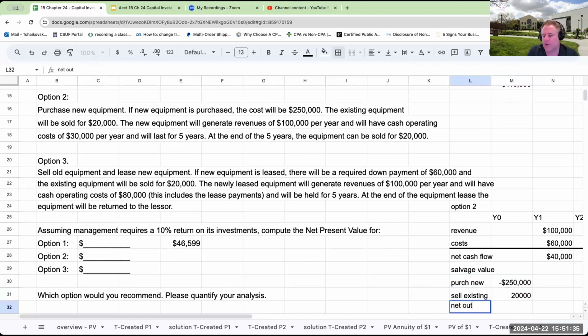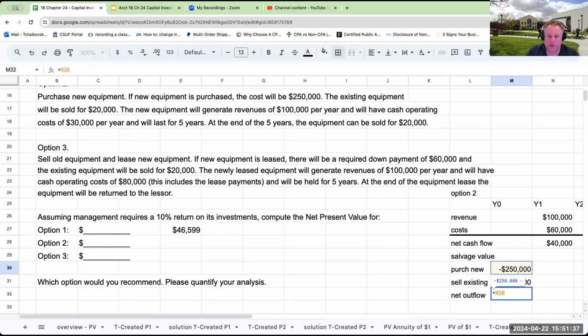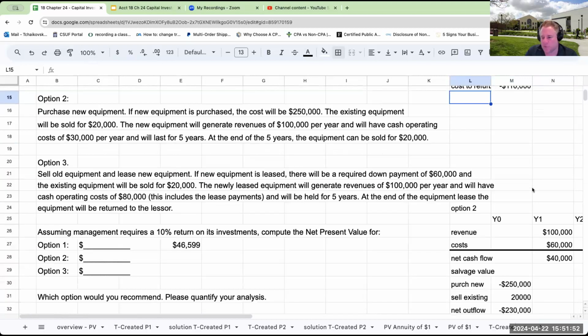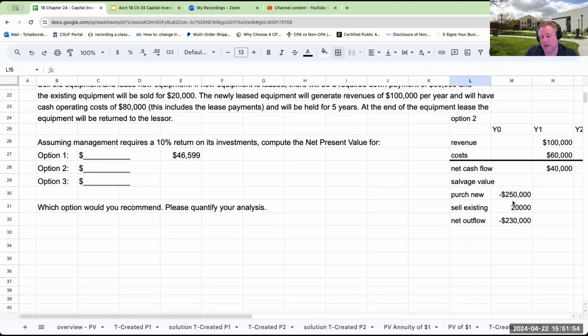So the net outflow in year 0 is going to be $230,000. Now, why is it this way? Why did we not get anything here? Well, in this case here, we were refurbishing it. Right, our cost to repair. Because if we're repairing it, we can't sell it. But in this case, we're selling it, we're buying new and trading the old one in.